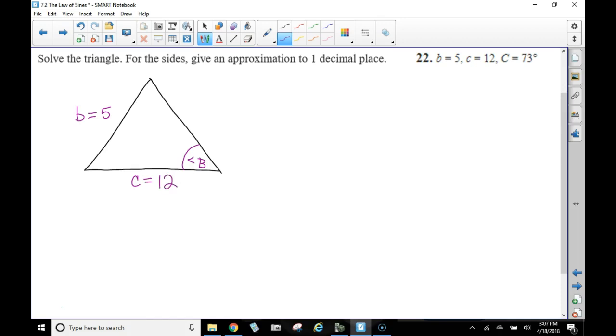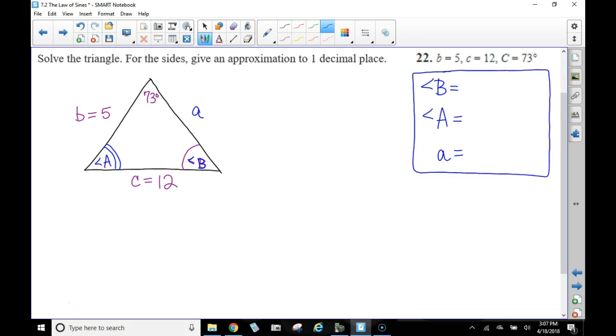That means angle C is opposite that, and that's actually given to us to be 73 degrees. So what is missing is angle B, and also angle A would be down here, and its other side, our third side, side A. So that's what's going to go in our box: angle B, angle A, and side A.